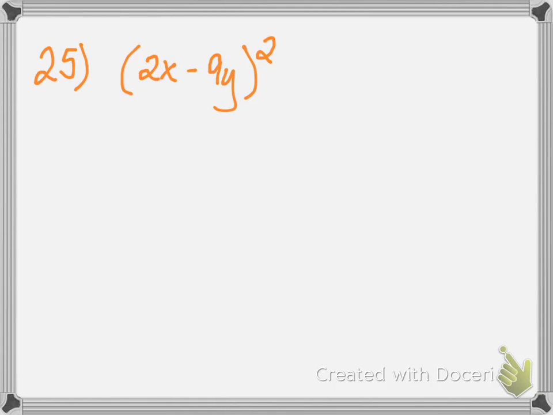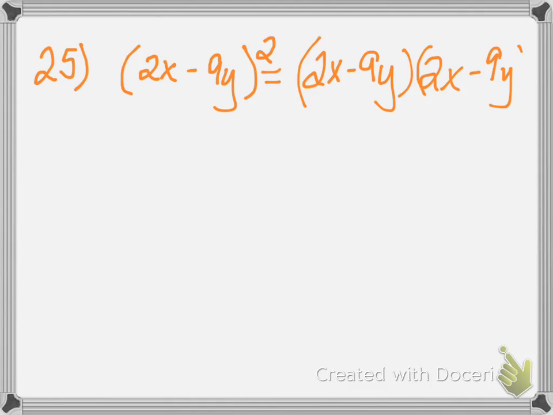Number 25 is the same process. If you plan on FOILing, you need to write it out. 2x minus 9y times 2x minus 9y, and then go ahead and FOIL. If you want to use the rules, you're going to square your first term, so 2x times 2x is 4x squared.